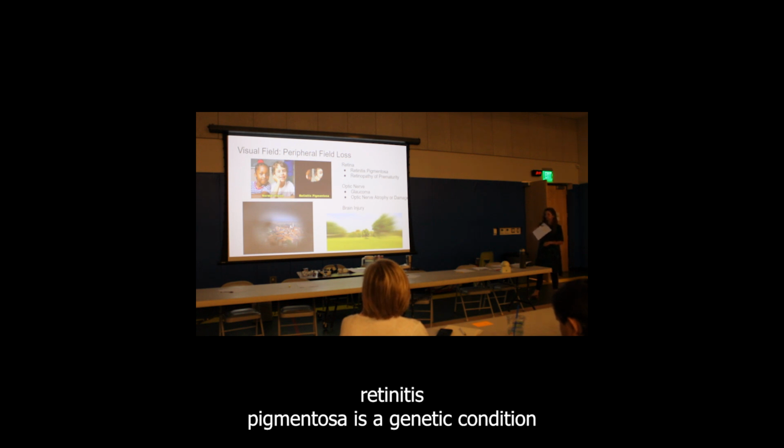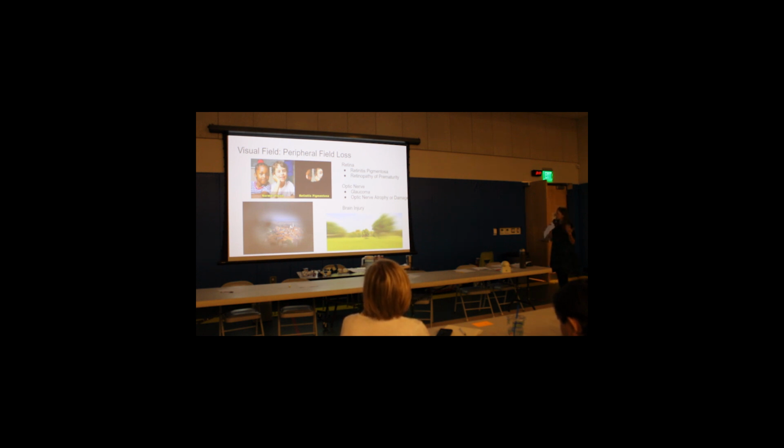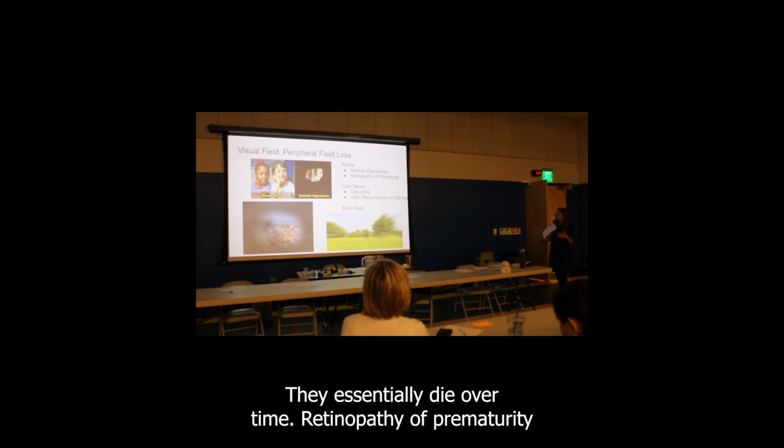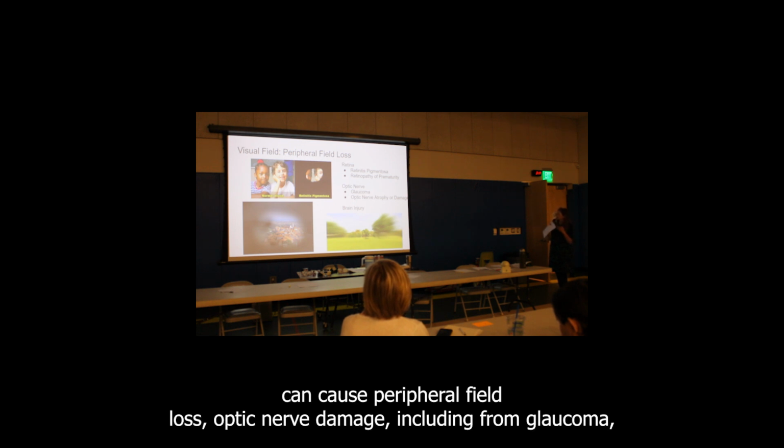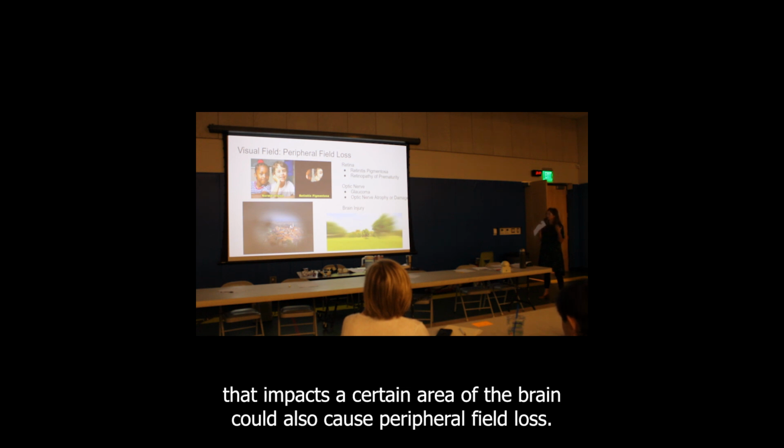Retinitis pigmentosa is a genetic condition that causes the specialty rod cells that detect low light to essentially die over time. Retinopathy of prematurity can cause peripheral field loss. Optic nerve damage, including from glaucoma, atrophy, or damage. And then brain injury that impacts a certain area of the brain could also cause peripheral field loss.